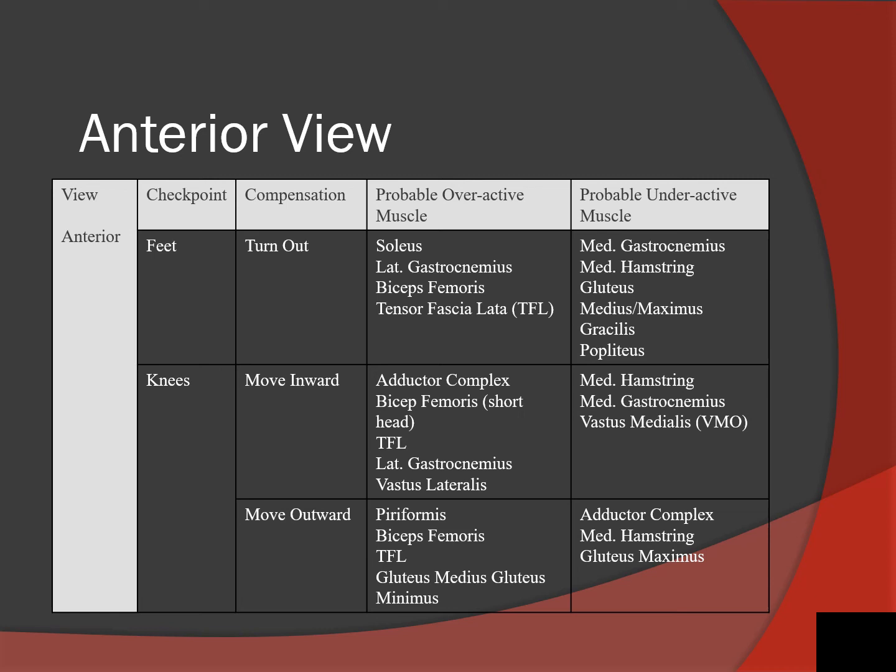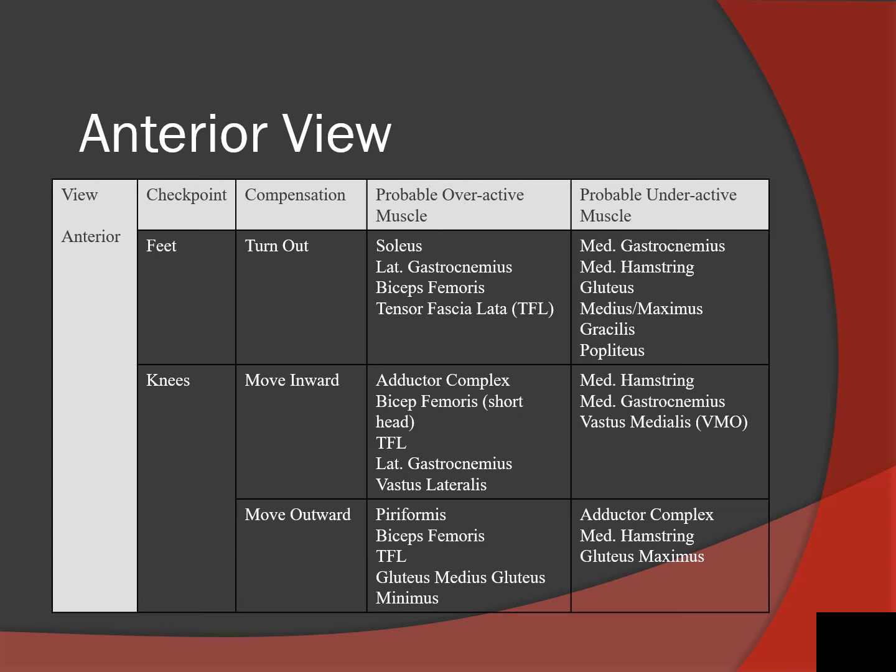I think one of the examples I gave you earlier were that the knees, and if they fall into valgus, you're really looking at the adductor complex being overactive, biceps femoris, especially the short head, the tensor fasciae latae, the lateral gluteus maximus, and the vastus lateralis.